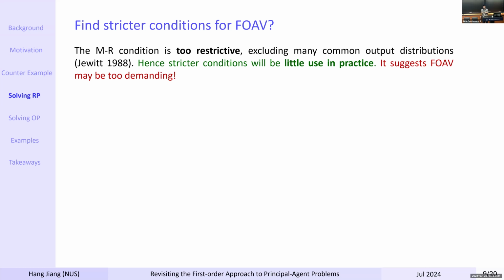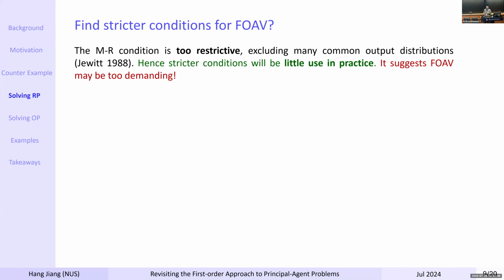So stricter conditions may be of little use in practice, because if they are stricter than the Mirrlees-Rogerson condition, which is criticized for being too restrictive, the new conditions may be even stricter and of little use in practice. So it suggests that FOA may be too demanding for the risk-neutral setting.